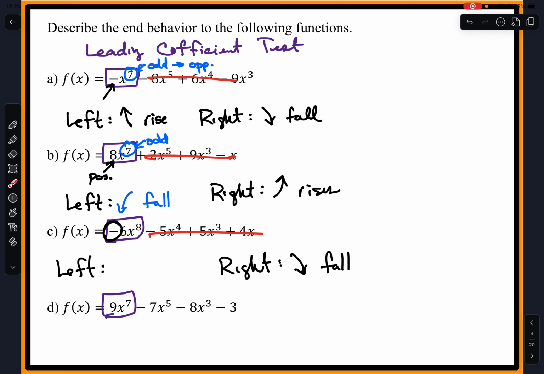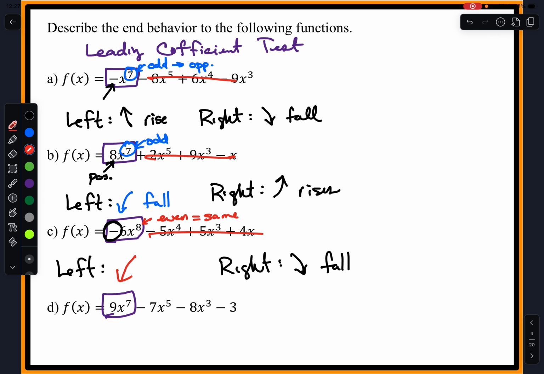In this example, I'm sorry, this degree is now an even number. The left side is going to go in the same direction as the right. So since the right is pointing down, the left is also going to point down. It's also going to fall.